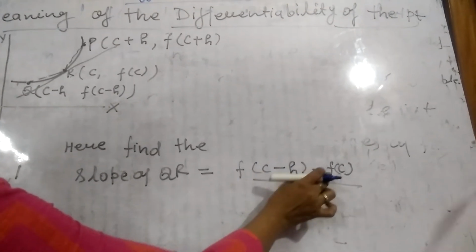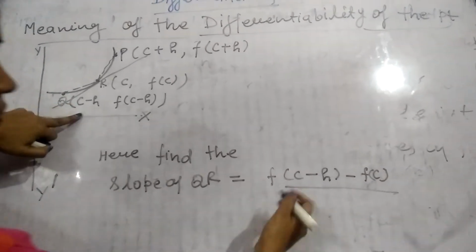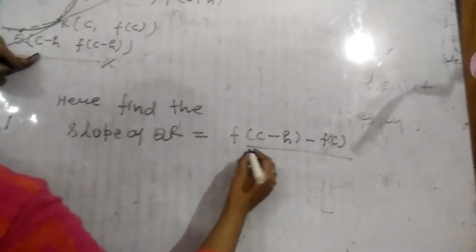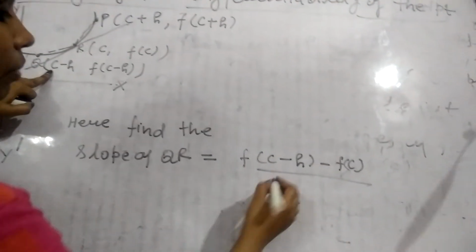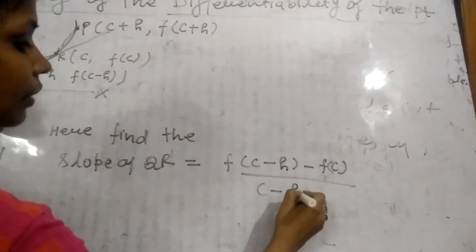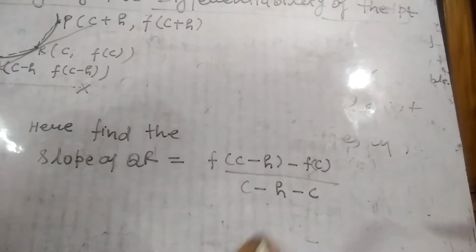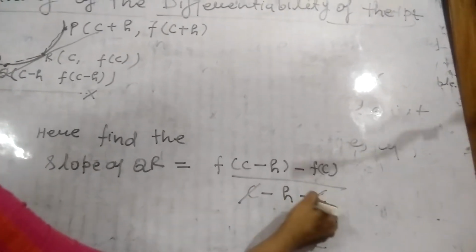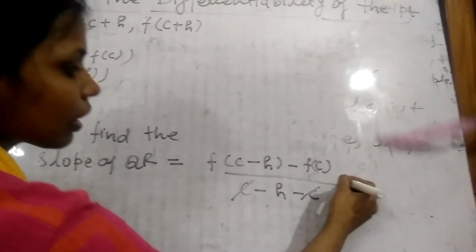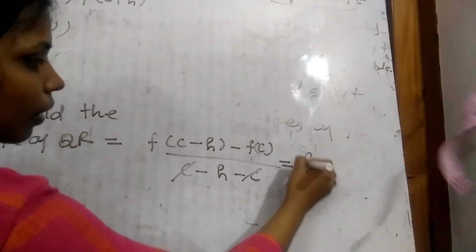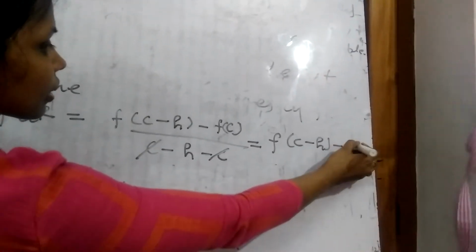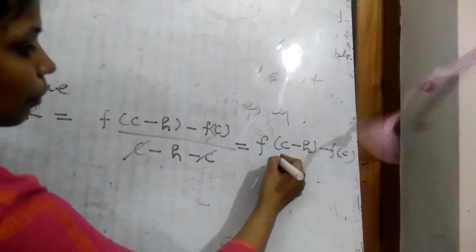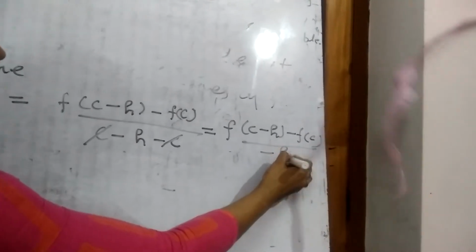Here y2 is f(c minus h) and y1 is f(c), x2 is c minus h and x1 is c. Then the slope of QR is (f(c minus h) minus f(c)) upon ((c minus h) minus c). Plus c and minus c cancel out, so it equals (f(c minus h) minus f(c)) upon minus h. This is the left hand side.